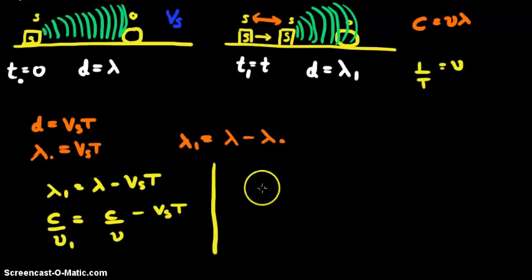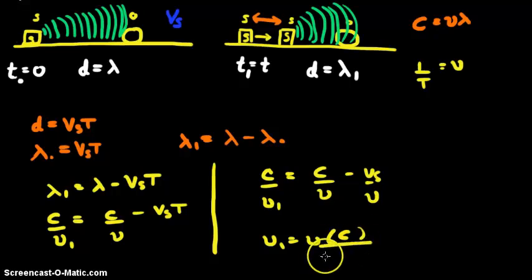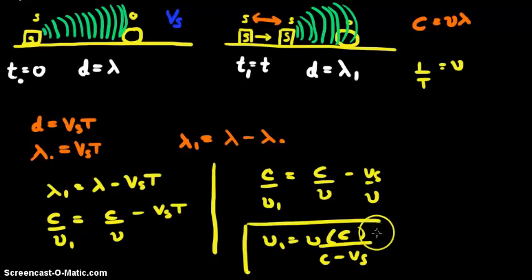Now this can be written as c by nu dash equals c by nu minus Vs by nu. Now reciprocating it on both sides, we get nu dash equals nu into c by (c minus Vs). Got it? So this is the required equation that we need. I just simplified it, so don't get confused. I wrote it directly over here.